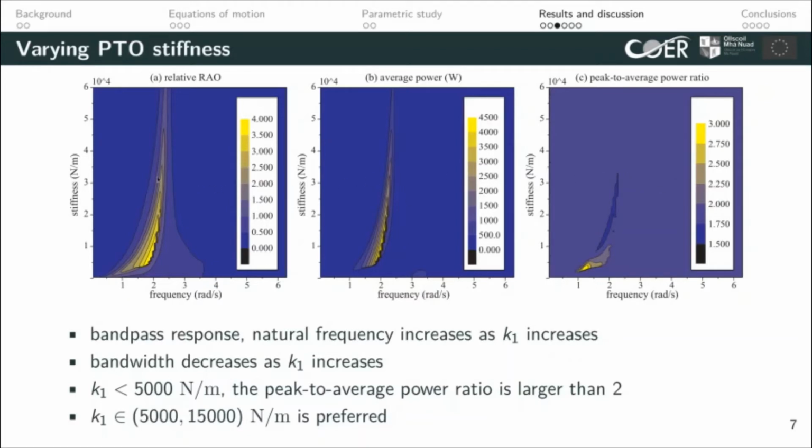The peak to average ratio is amplified from 2 to 3. Based on these three indexes, we can see that this stiffness region is preferred.